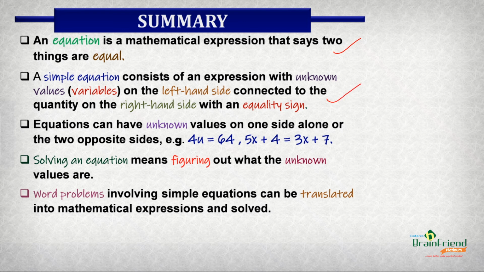Moving on, we learned that equations can have unknown values on one side alone, or the 2 opposite sides, e.g., 4u equal to 64, 5x plus 4 equal to 3x plus 7. Next, we learned that solving an equation means figuring out what the unknown values are. And lastly, we learned that word problems involving simple equations can be translated into mathematical expressions and solved.